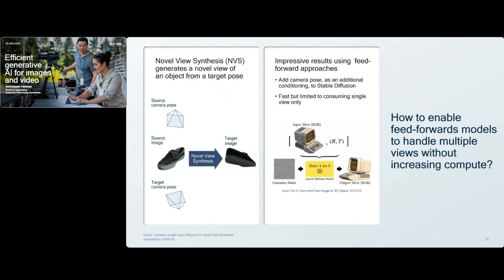So in this paper, we explored whether we can improve the generation quality of feed-forward novel view synthesis methods using multiple, and actually variable, numbers of input views. And of course, we want to do it efficiently.